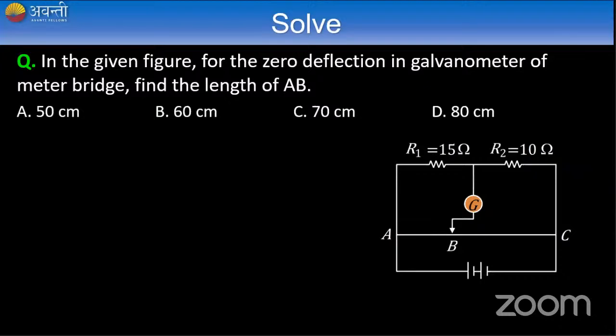In the given figure, for zero deflection in the galvanometer of the meter bridge, please try to find the length. R1 is 15 ohm, R2 is equal to 10 ohm, with the points A, B and C. Please try to find out the length.